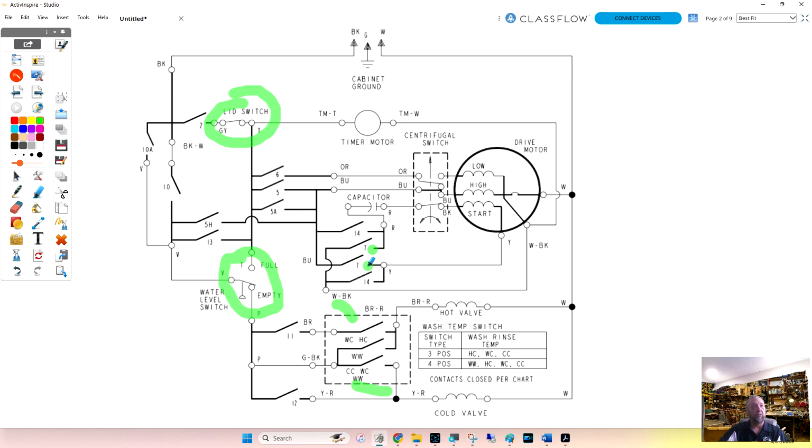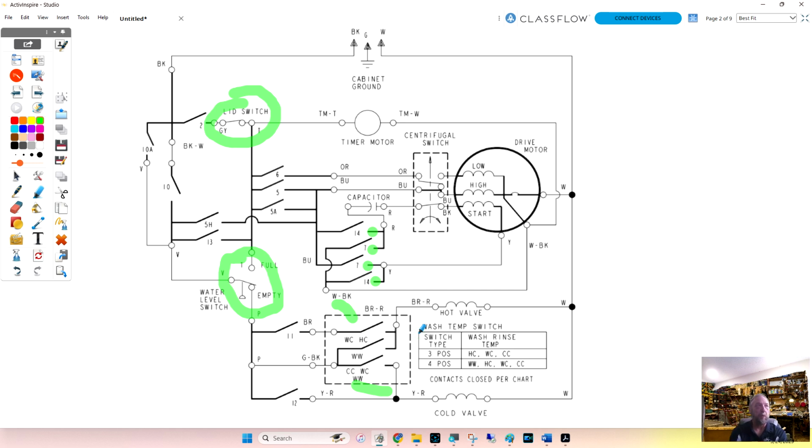Notice that there are two number 7s and two number 14s. A lot of you are probably not old enough to remember the old Whirlpool belt drive washer. This washer was designed to replace that washer. When I went to school in the 80s, I'd say 1982, my teacher had a washer called the Design 2000, which was this direct drive washer.